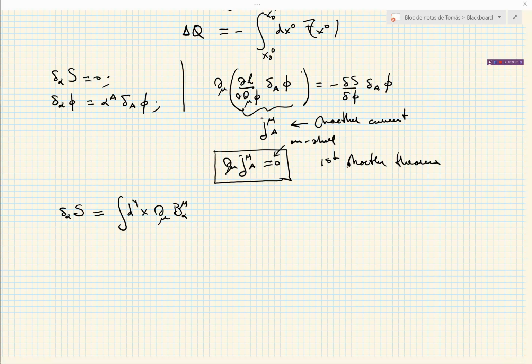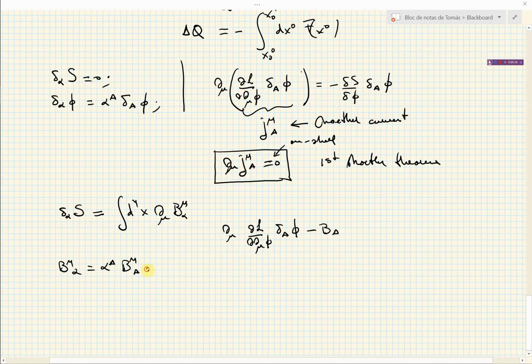If you go again through all the procedure, you will get the conservation of partial L partial mu phi delta A phi minus B A, because this B mu alpha will be linear in these parameters and can be written like this, with an index mu.